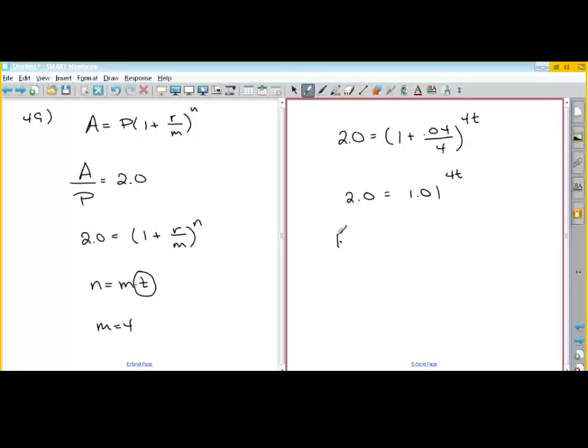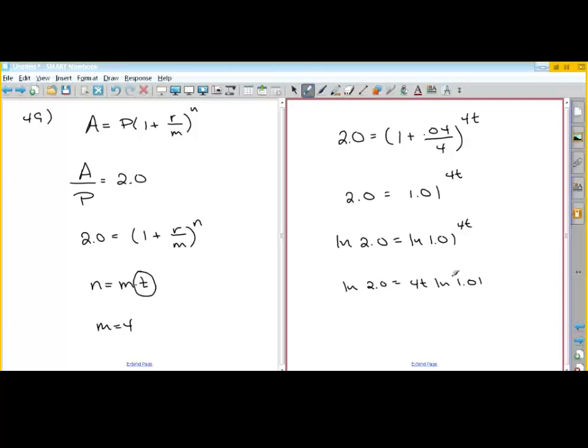So there are such things called logarithms, and what you do is you take the logarithm of both sides of the equation. So, you know, the equality property says if you do the same thing to both sides of the equation, you end up with equality. So one of the properties of logarithms is that if you have an exponent, you can bring that out front. So this, instead of being an exponent, becomes a multiplier times the number.